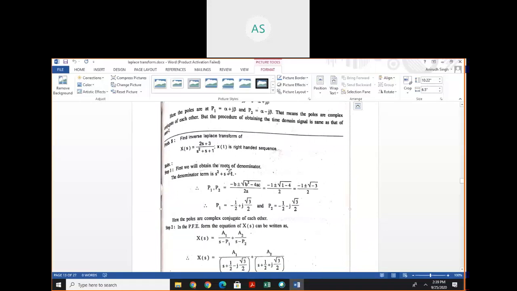The inverse Laplace transform of 1 by s plus 1 is given by this equation, and the inverse Laplace transform of 1 by s plus 2 is given by this equation, and x of t is given by minus exponential minus t minus exponential minus 2t, times u of minus t.